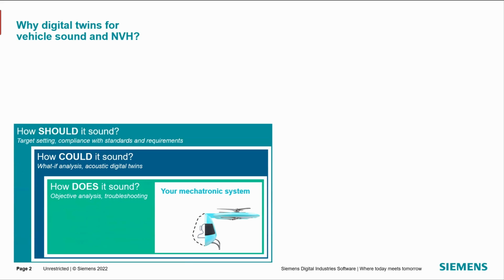And how would we like it to sound, how should it sound? So how to set targets and to comply with standards and requirements of all sorts. Basically, this is the reason why we resort to digital twins in the context of vehicle sound analysis and design.